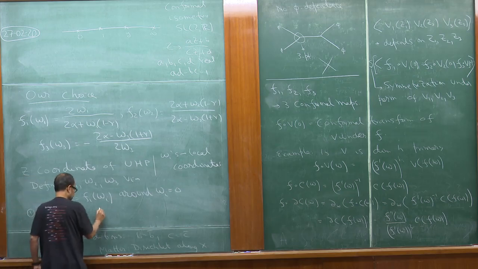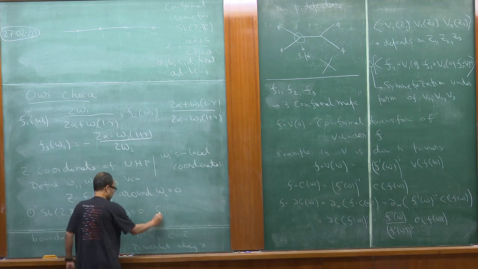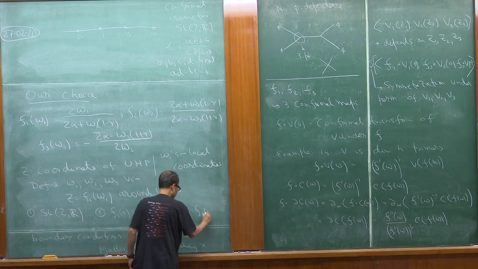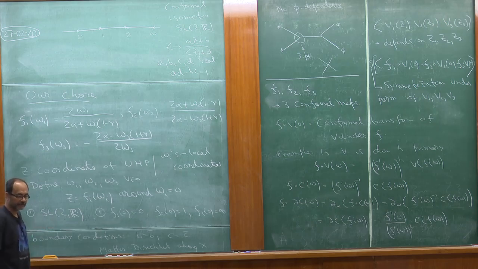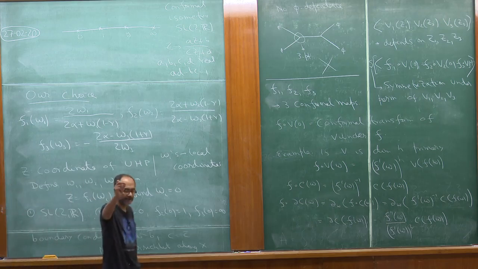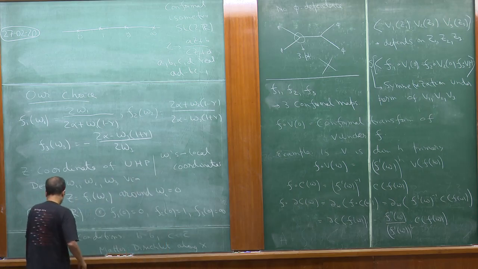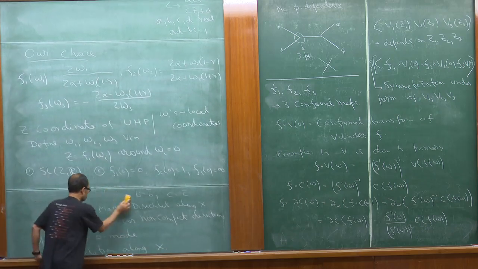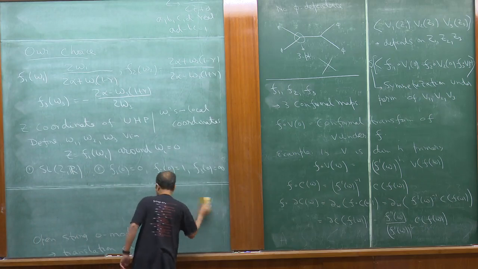Second is f1 of 0 is 0, f2 of 0 is 1 and f3 of 0 is infinity. You can see that from this. That's just saying that the three vertex operators will be placed at 0, 1 and infinity by this procedure. So 0, 1 and infinity are just conventions.